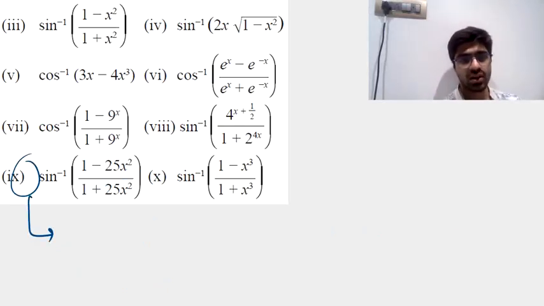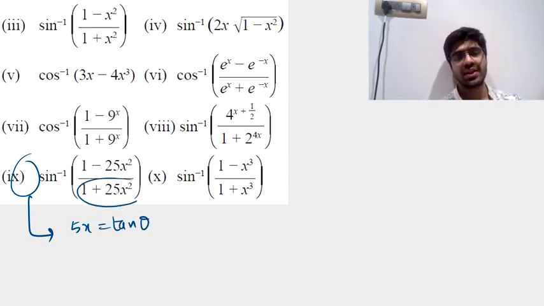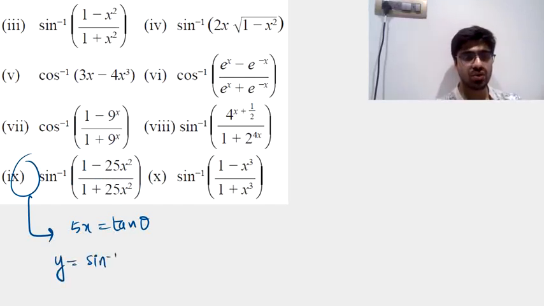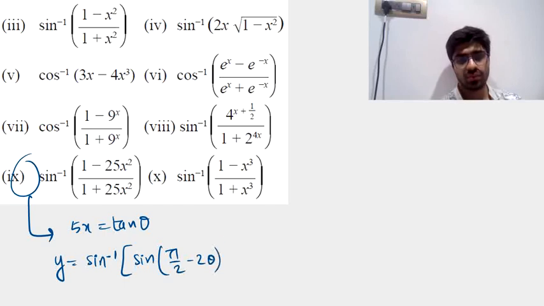Continue with the ninth one, where again you take 5x as tan theta. Be careful, it's 1 minus tan square theta upon 1 plus tan square theta, cos 2 theta, sine inverse of cos 2 theta. So I have y equal to sine inverse of cos 2 theta, but that cos 2 theta will be written as sine of pi by 2 minus 2 theta. So this will be pi by 2 minus 2 theta. That's pi by 2 minus 2 into theta, which is tan inverse of 5x.